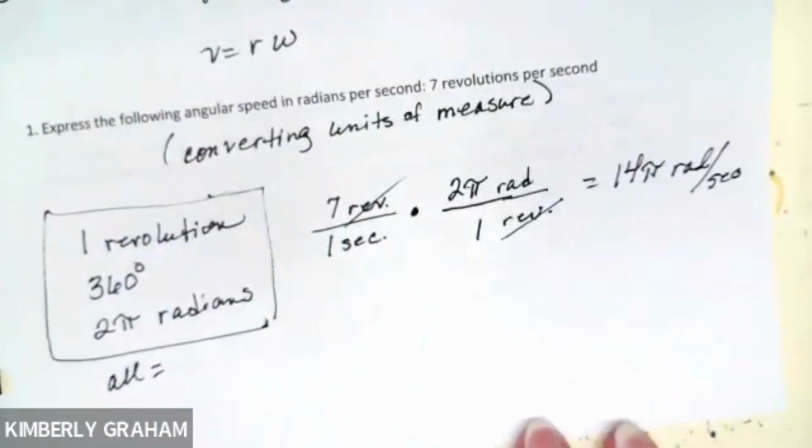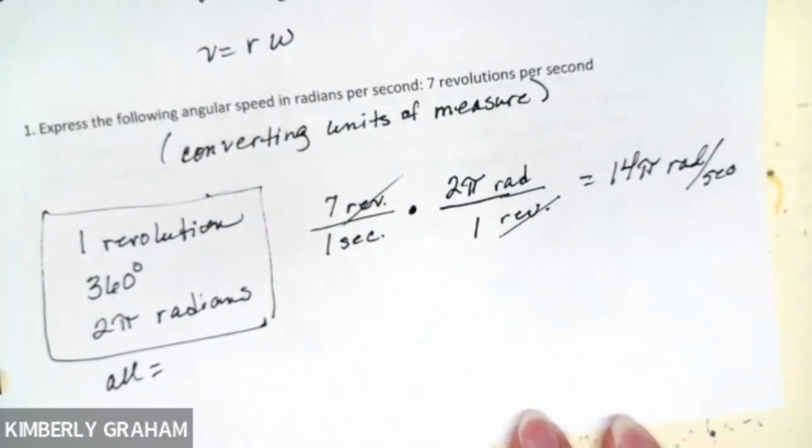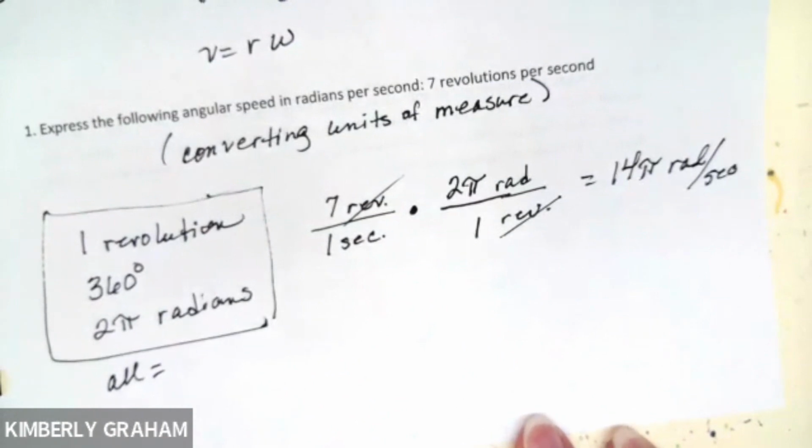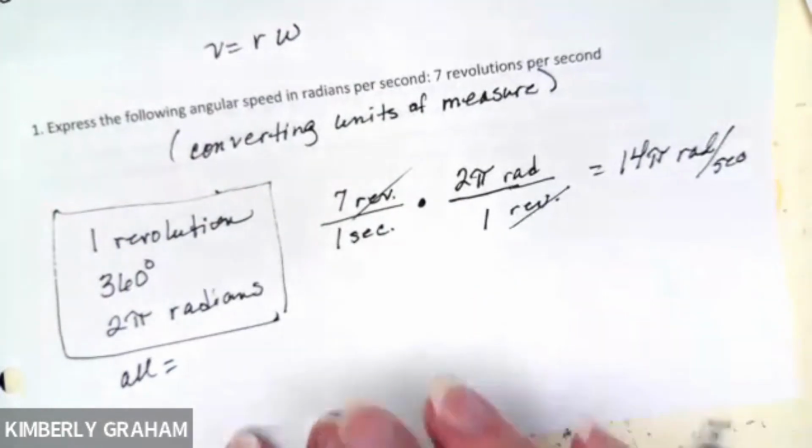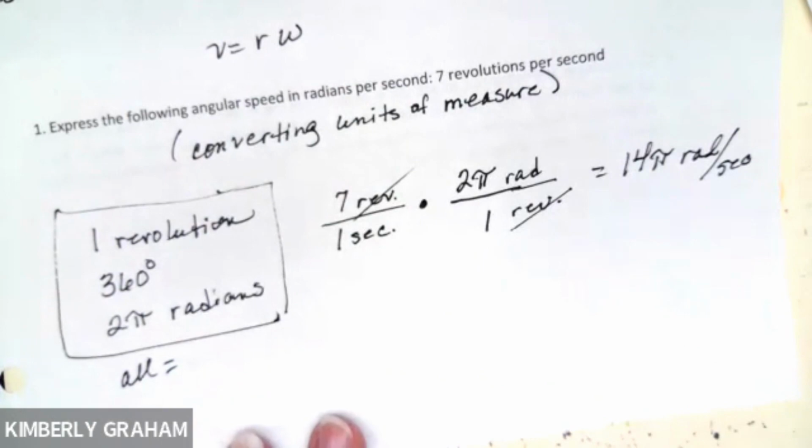Now, this is the long way to do it with dimensional analysis. You could also set this up as a proportion and solve it that way and get 14 pi. It doesn't really matter to me how you do it. So this is just converting revolutions to radians.